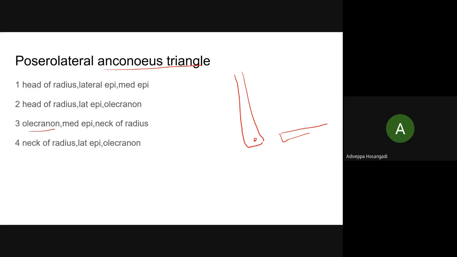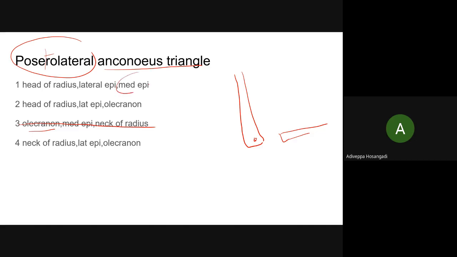First, it is lateral. Remember this, posterolateral. Lateral. Okay. So olecranon, lateral epicondyle, and neck of the radius. Yes, sir. Head of radius, lateral epicondyle, olecranon.